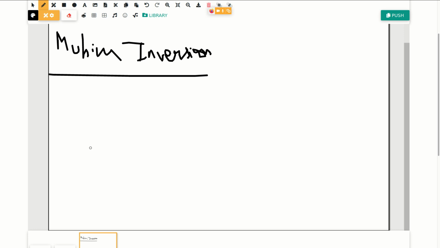Mobius inversion allows us to retrieve a function back, basically. So let's define a function f.